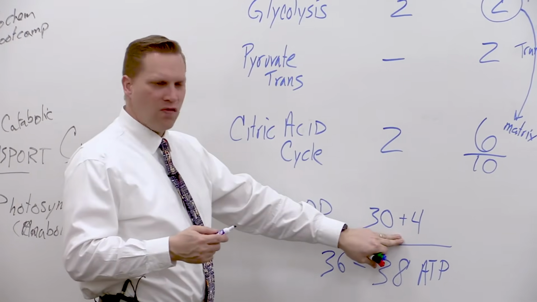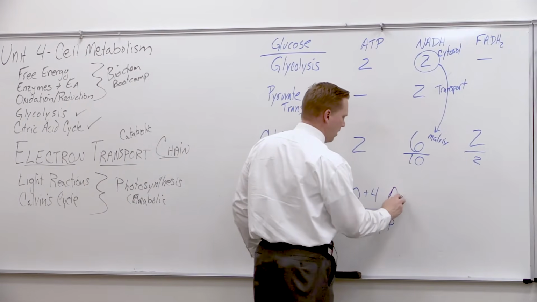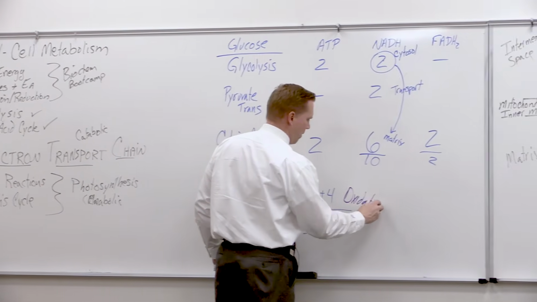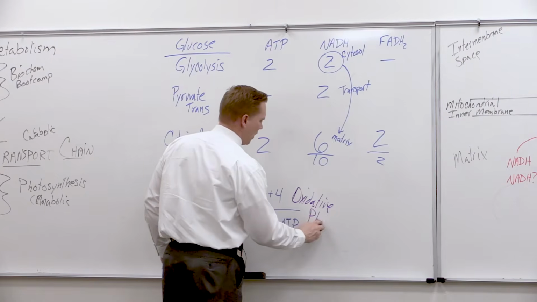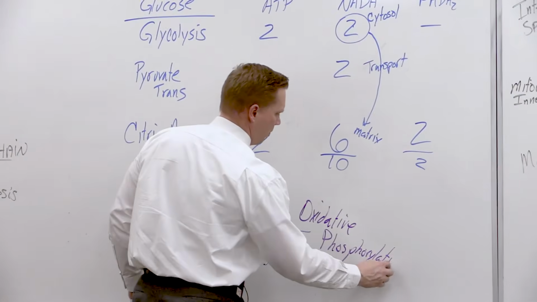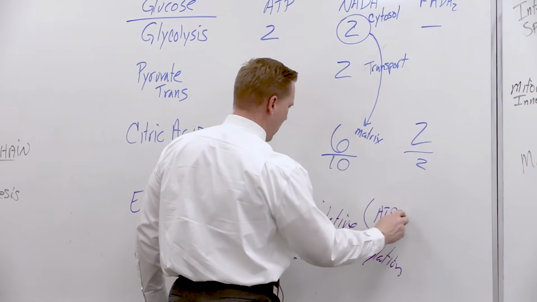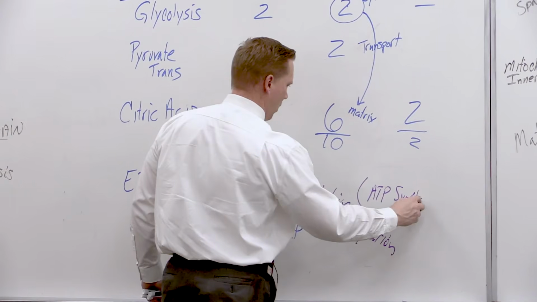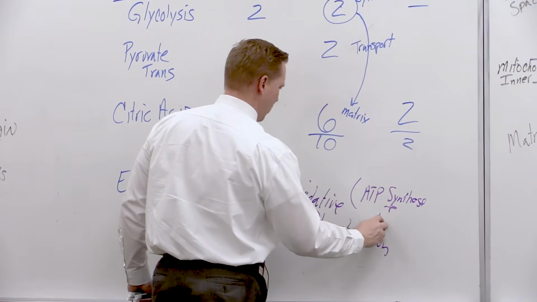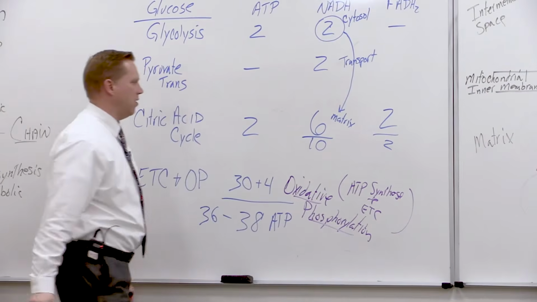These ATPs right here were made through this process called oxidative phosphorylation, meaning that these ATPs were made using ATP synthase and the electron transport chain. That's one way of making ATP.